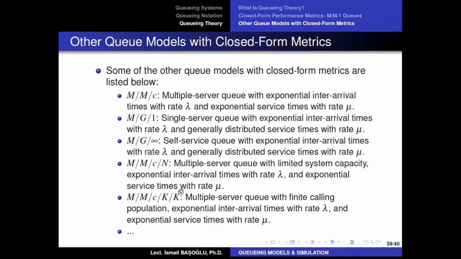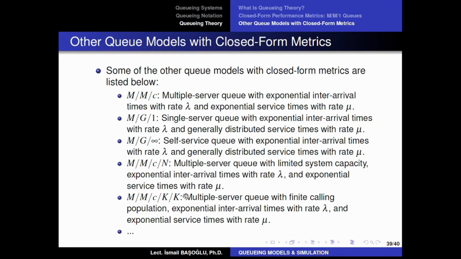And here the second K is the size of the calling population. The size of the calling population is also K. Remember, what is the calling population? It is the number of potential clients who are outside the system who can enter the queue, right?